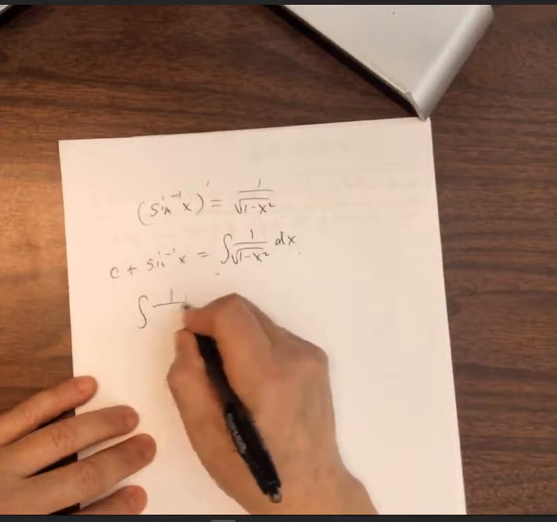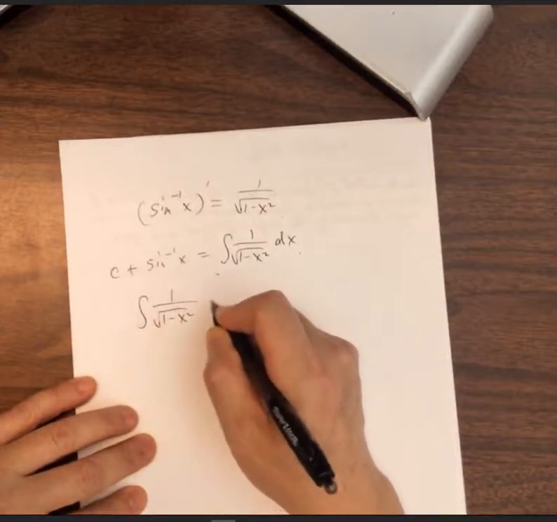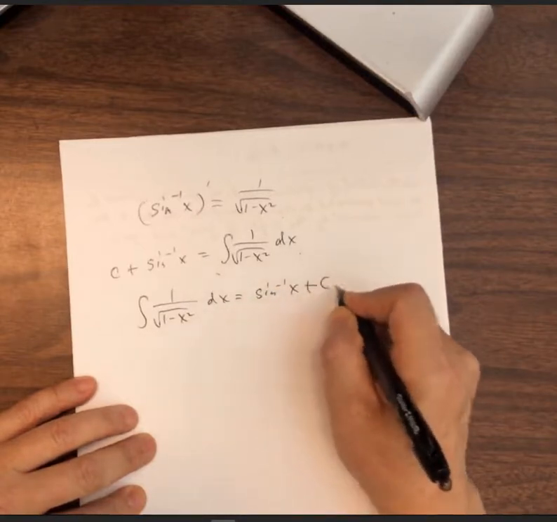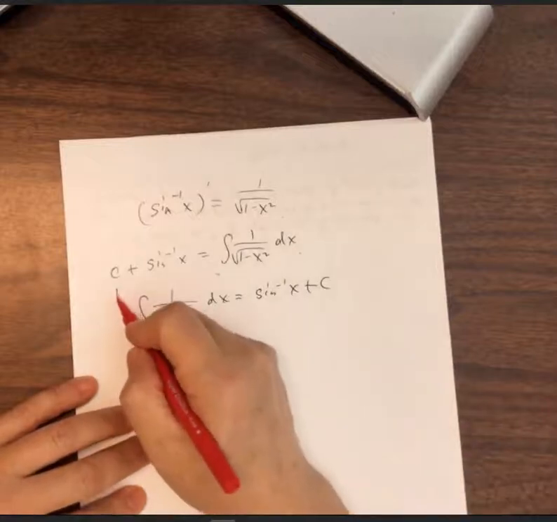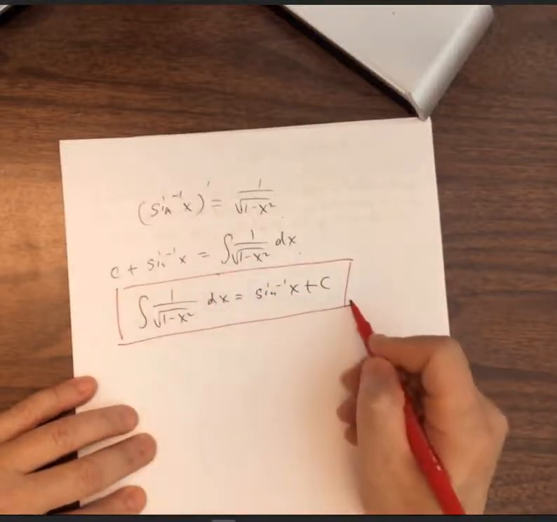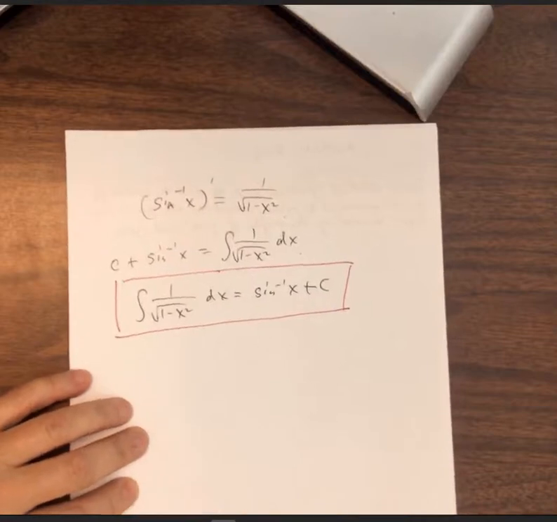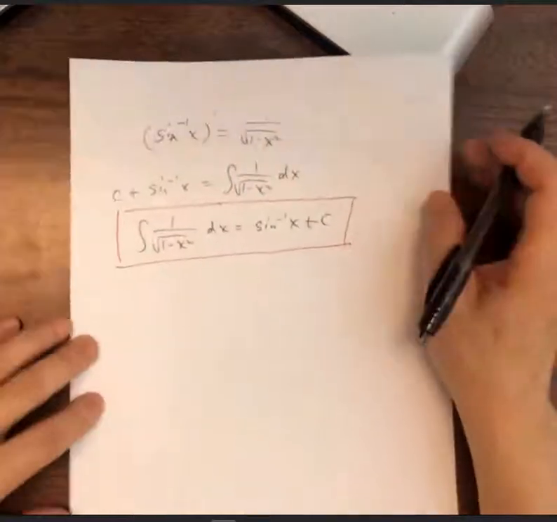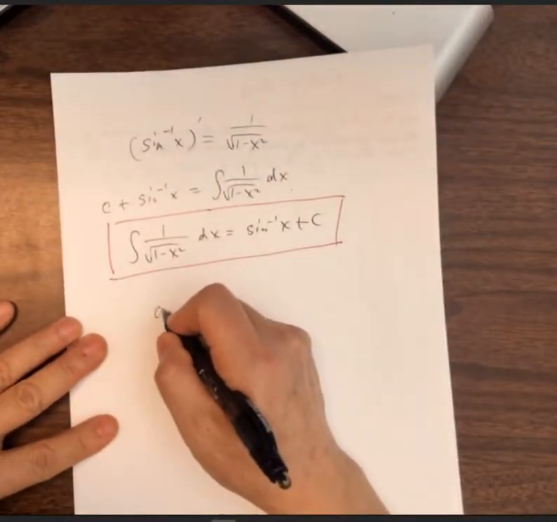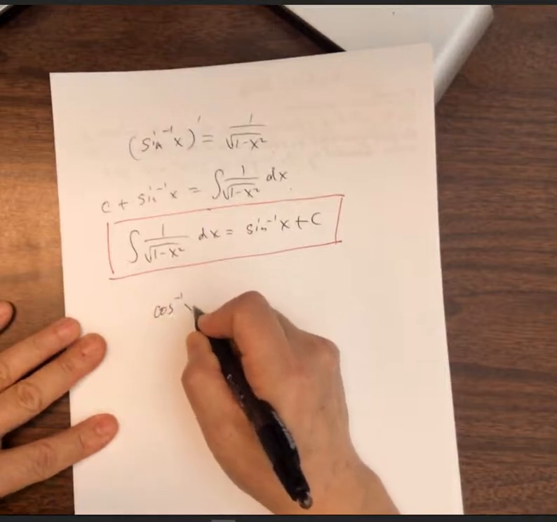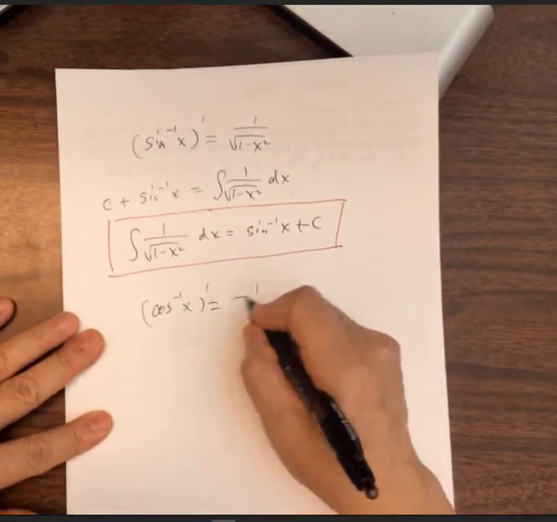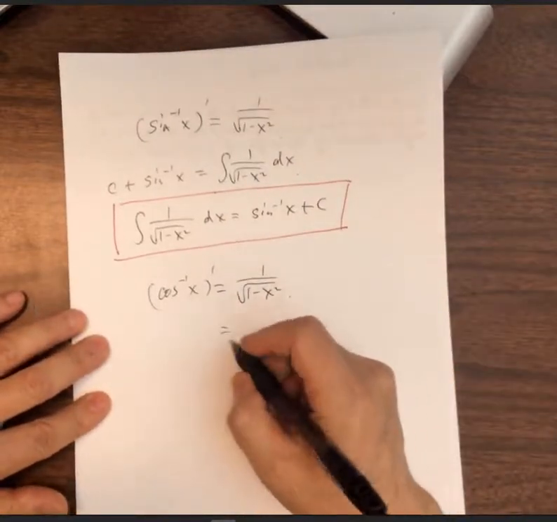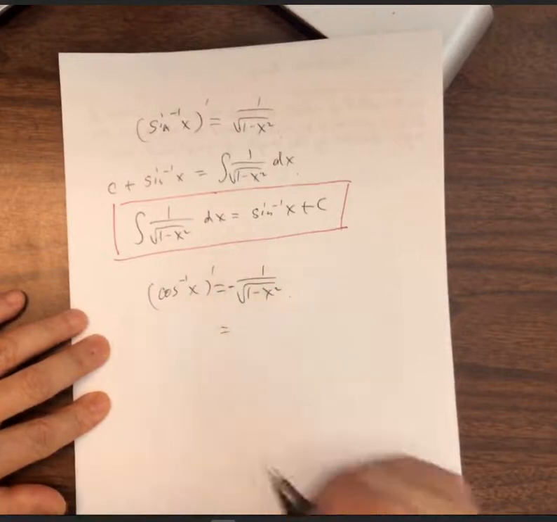So this way, we have one very important integration formula. Let's check what we have according to this differentiation formula. We would integrate again both sides. Oh, there's a negative sign there.